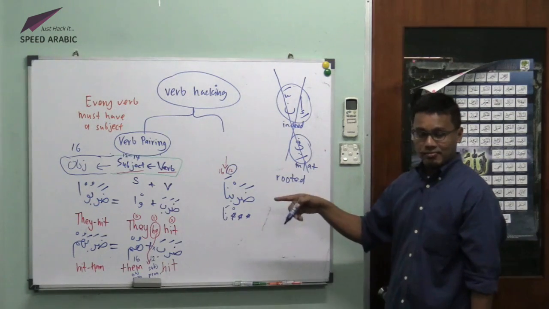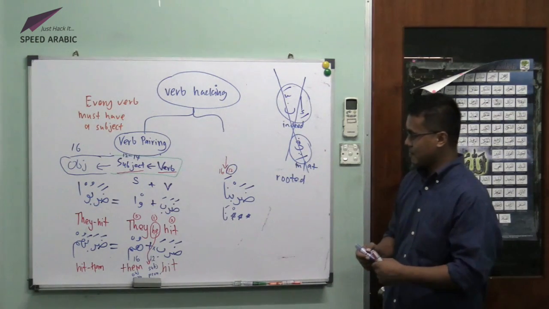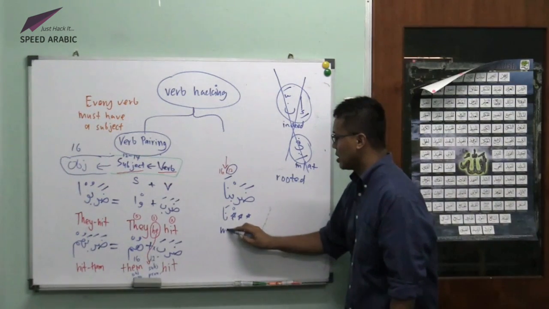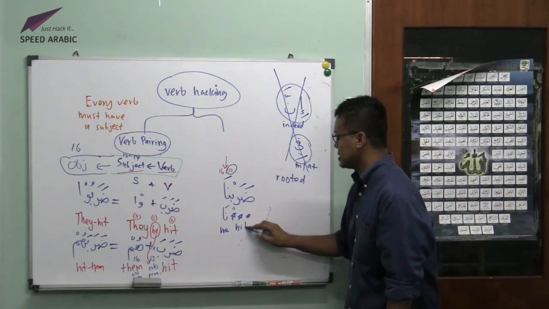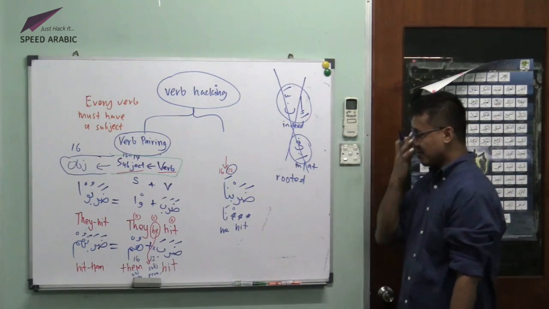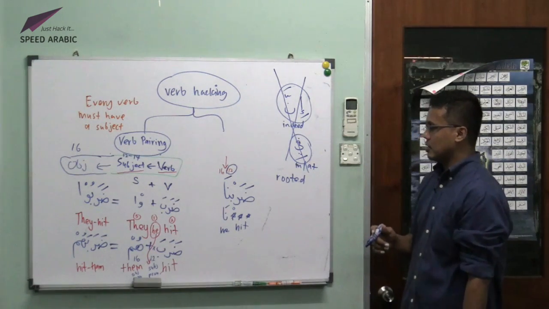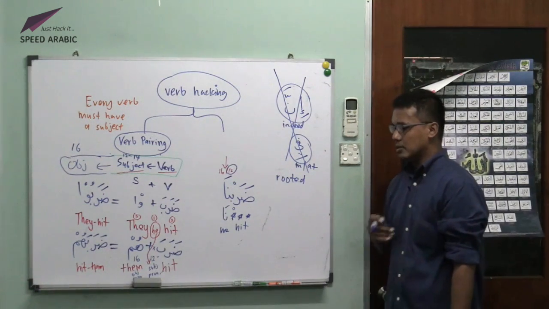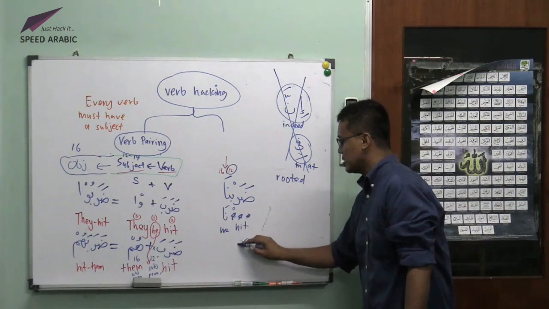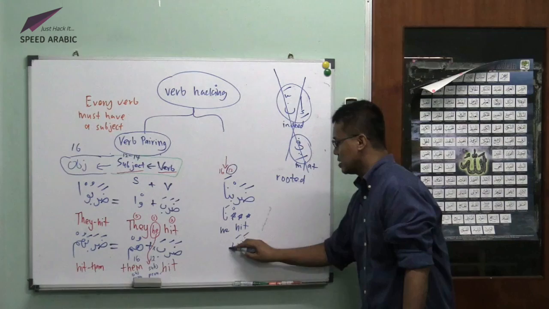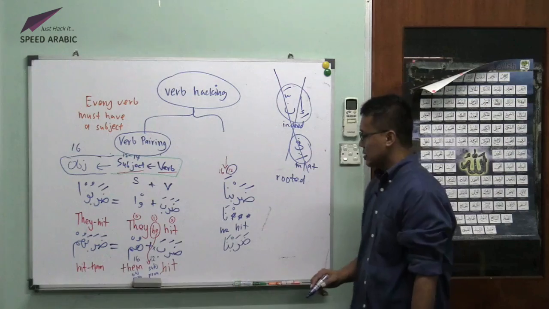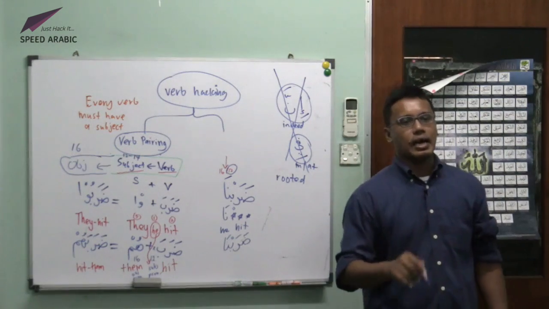When the na is 12, what's the meaning of darabna? We hit, right? So we hit. Okay, if I were to say, how do I say we hit ourselves?